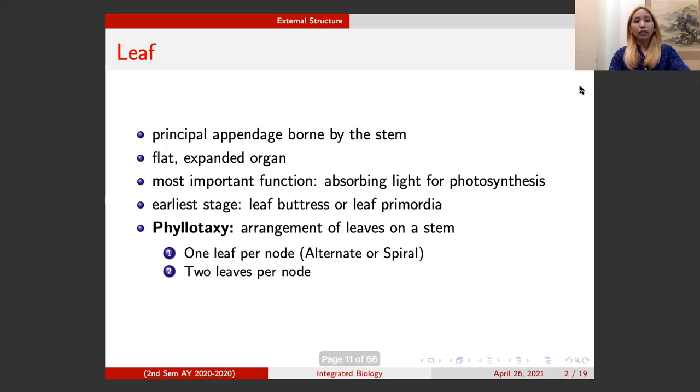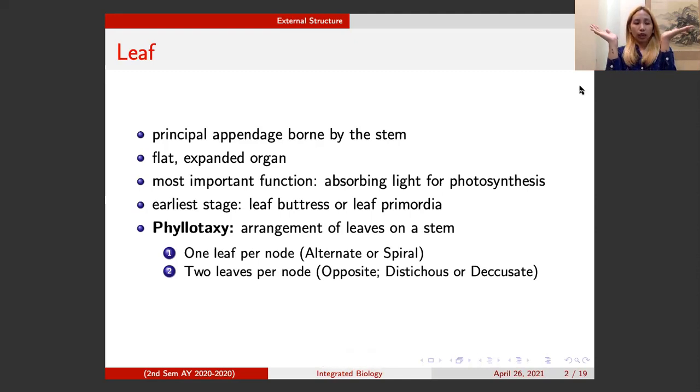Okay, and then there's the phyllotaxy which we observe as two leaves per node. So you will find a left and right pair of leaves, facing each other. Two leaves per node can either be opposite or decussate.